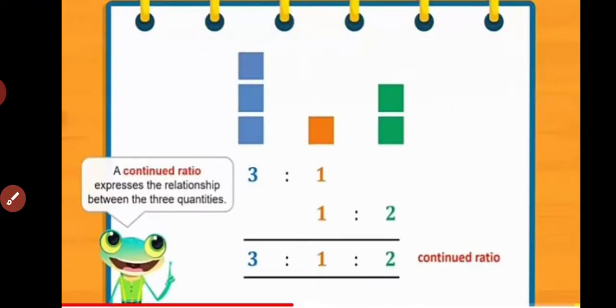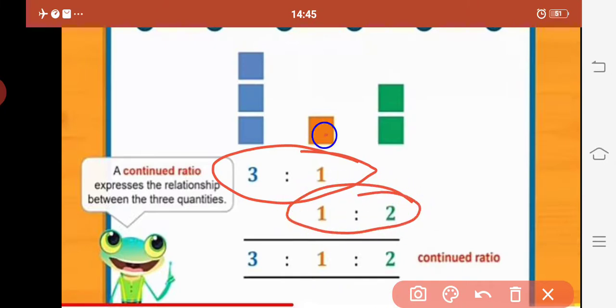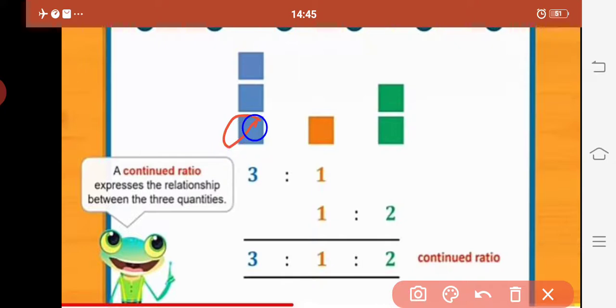Now this is another example in which the middle term is the same. The first ratio A:B is 3:1. The other B:C is 1:2. So now 1 is common. So how are we going to calculate the continued ratio? A is 3, B is 1 because it is common, and C is simply 2, because what we had is A:B, that is 3:1, and B:C, that is 1:2.